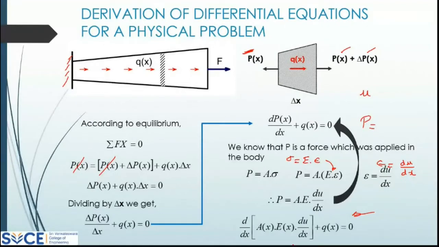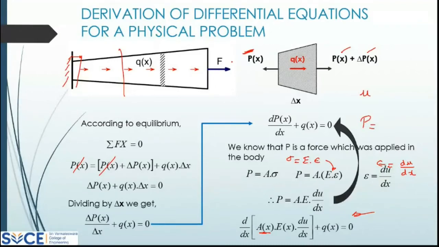So why do we put A of x? The reason is your area is varying with respect to x. At this location, you have a different area. At this location, you have a different area. So that's why we put A of x. Similarly, you can either put E of x or E. E of x means your Young's modulus is also varying along your x-axis.